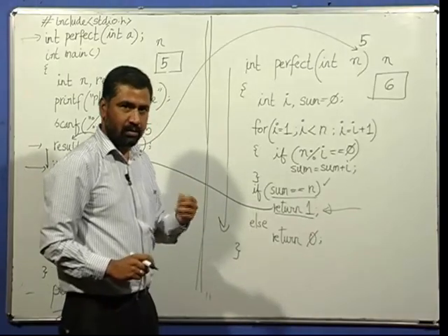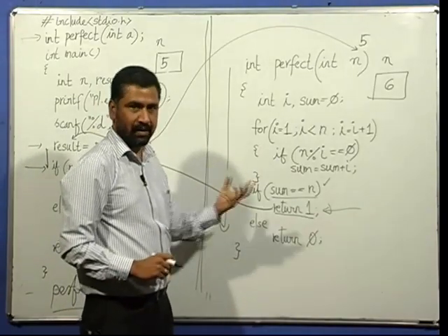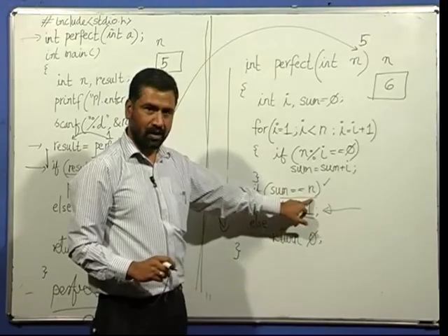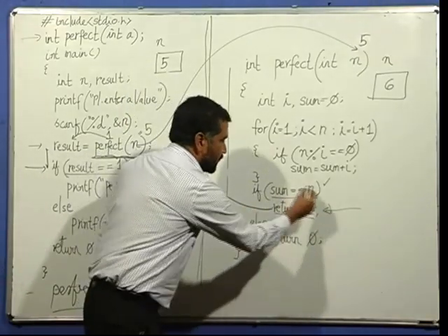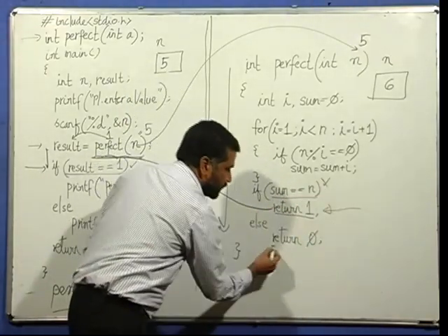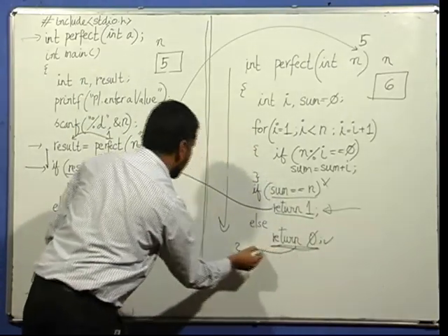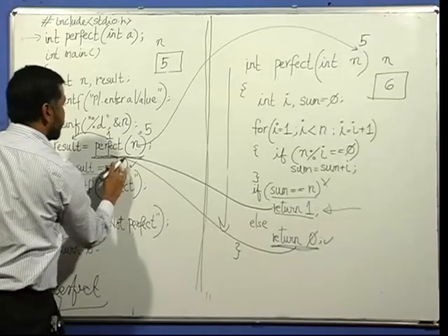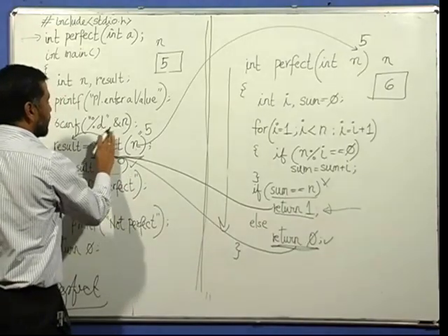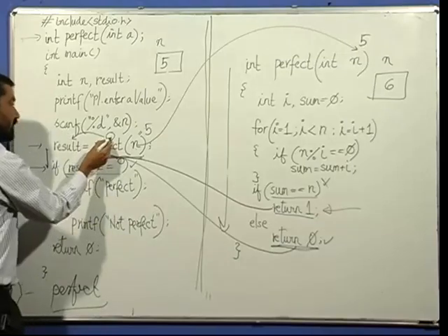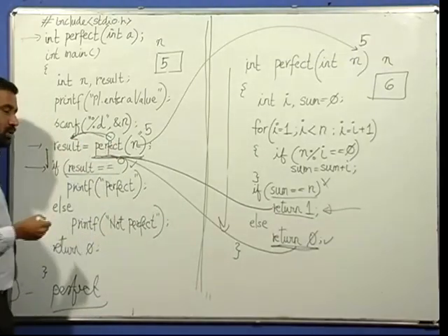So only 1 is the factor. So the sum would be 1, definitely not equal to 5. So in this case, this will be false. In that case, 0 will be returned. So using this return statement, the value will come back here, and now it is not equal to 1, but it is equal to 0. In this particular case, 0 is copied into result.